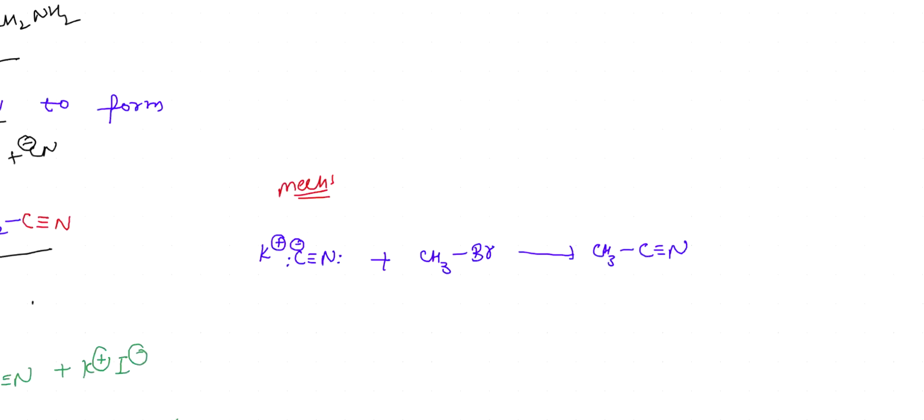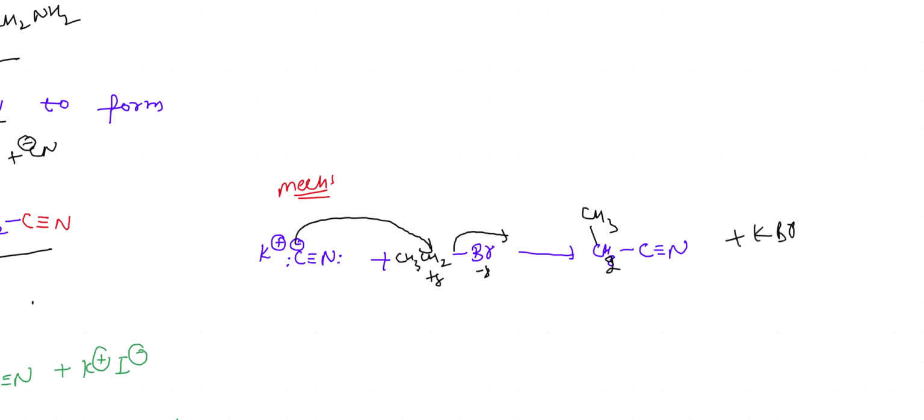And next is how the nucleophile attacks this alkyl halide. You can take the example like CH3CH2Br. Basically, this carbon will attack the carbon of ethyl bromide, and the bromide ion will act as the leaving group, and it will form ethyl cyanide and potassium bromide as byproduct.